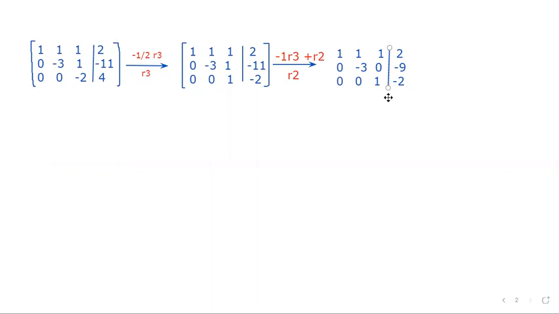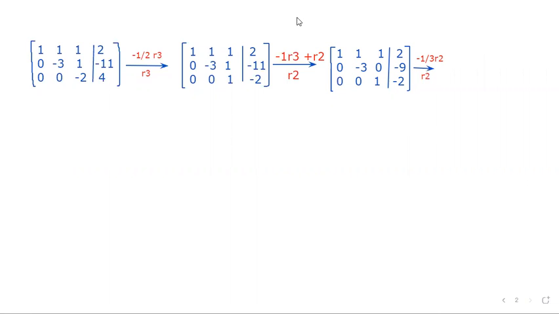Now, the next thing we want to do, we want to make this negative 3 sitting there in the middle into a 1. Okay, and how will we do that? I'm going to say negative 1/3 times row 2. That gives me a new row 2.